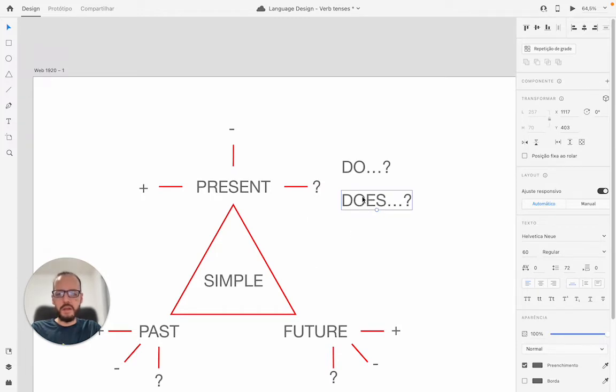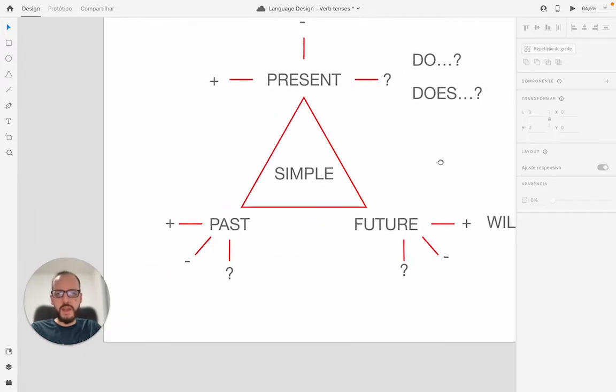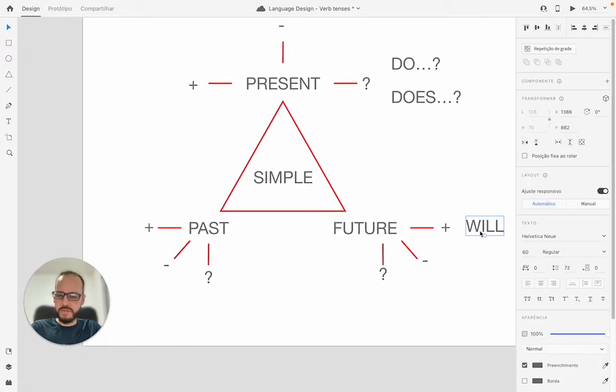When we're talking about the future in the affirmative, we have 1 word that lives here, it's always here: will. And when we're talking about, for example, the negative form of the past, we have a didn't here.